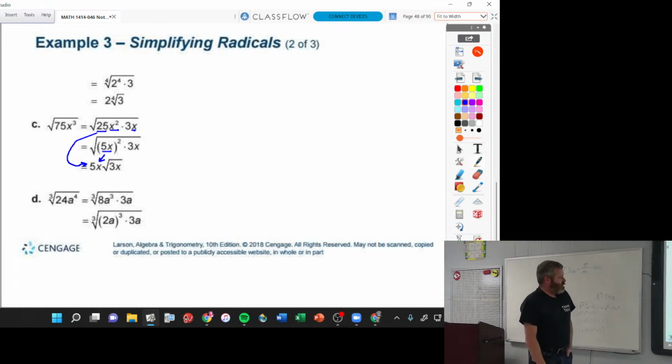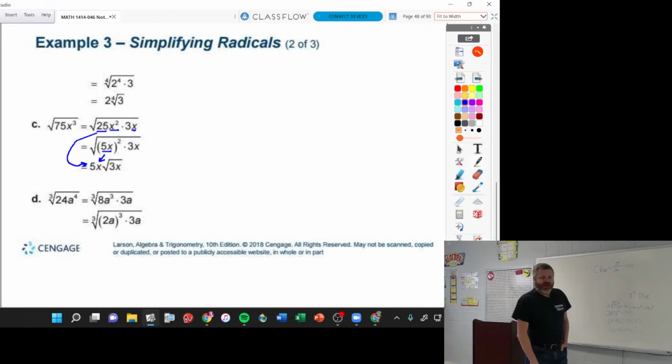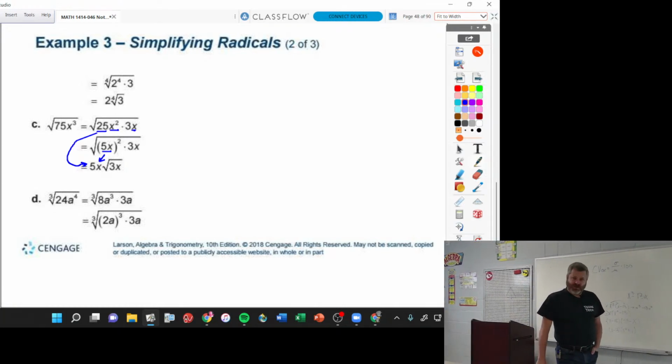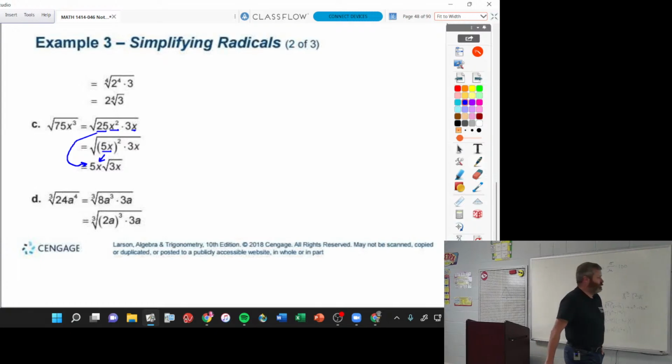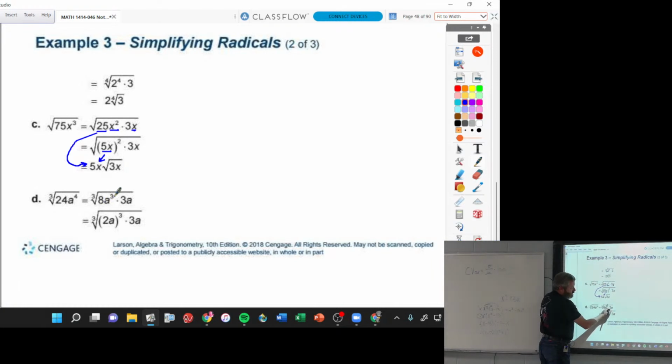Part D, the cube root of 24 a to the fourth. Notice that I've got a to the fourth power. 4 is bigger than 3, so 3 does go into 4, not evenly, because 4 divided by 3 leaves 1 left over. So what we're going to do here is break off an a cubed and leave an a behind, because a cubed times a is a to the fourth.